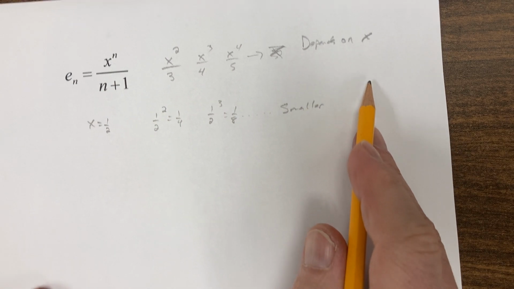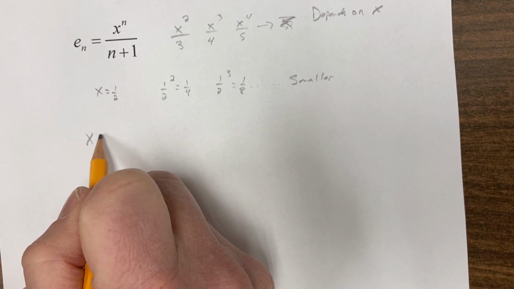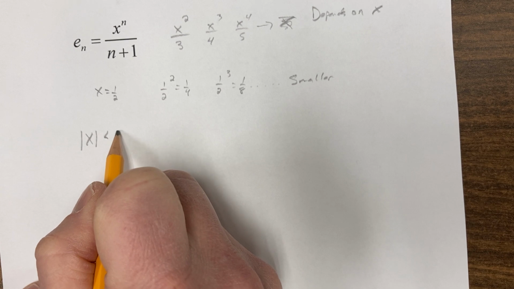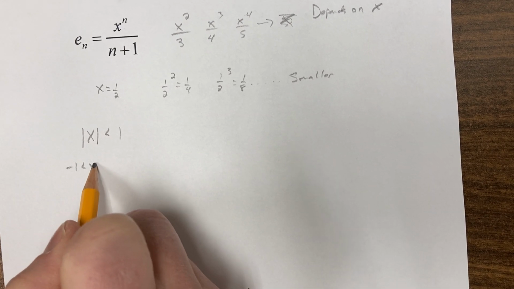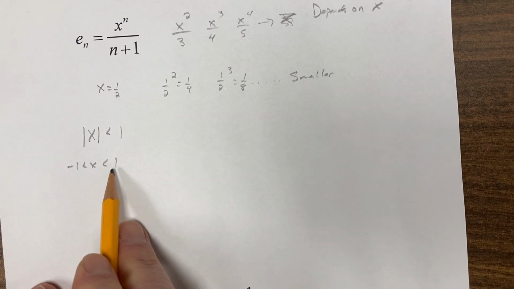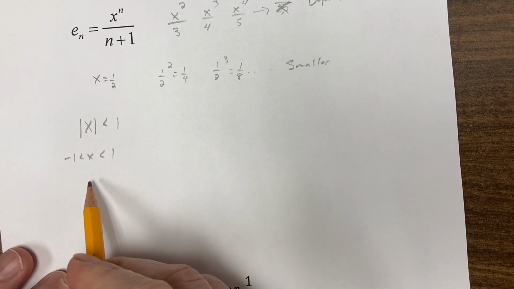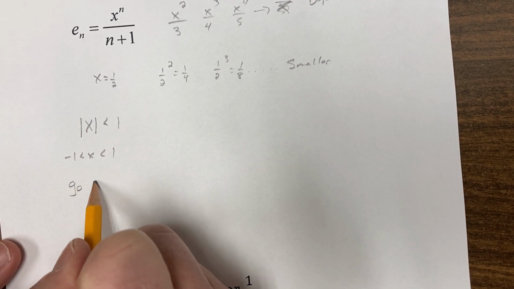So here's the deal. If the absolute value of x is less than 1, in other words, if x is between -1 and 1, it's a fraction that when you multiply it gets smaller and smaller and smaller. If it's there, this is going to go to 0.